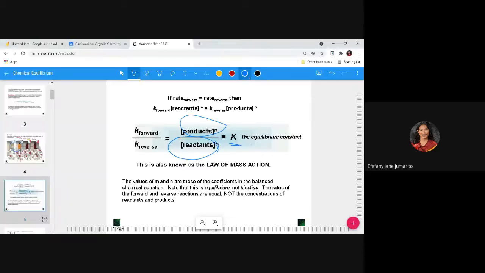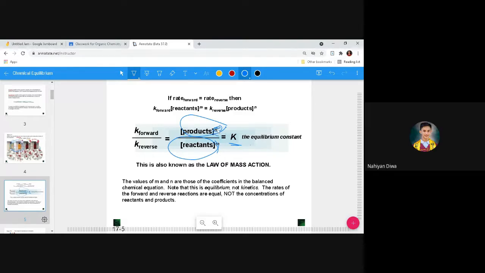Now class, what about the M and N here? What are M and N here, class? Reaction order. Okay, reaction order. Yes, that's what we have learned in our kinetics. Here also, this is our reaction order.